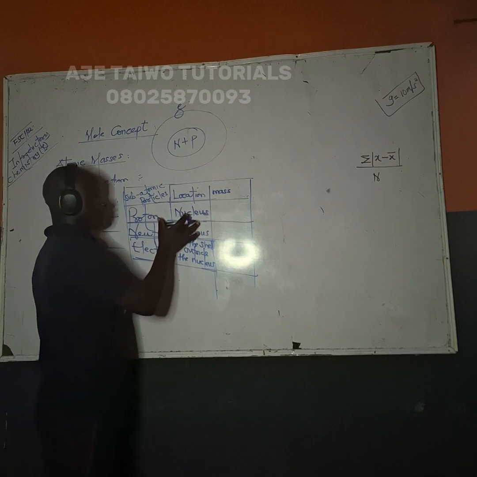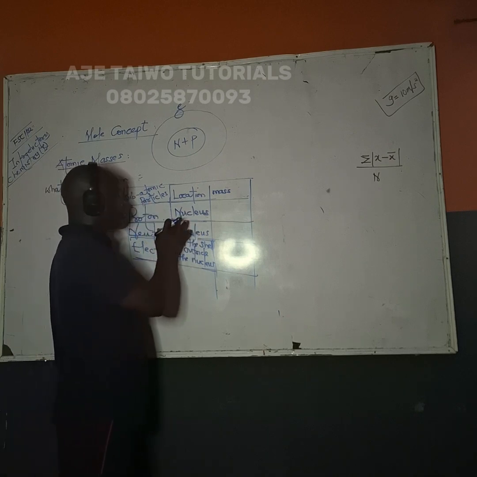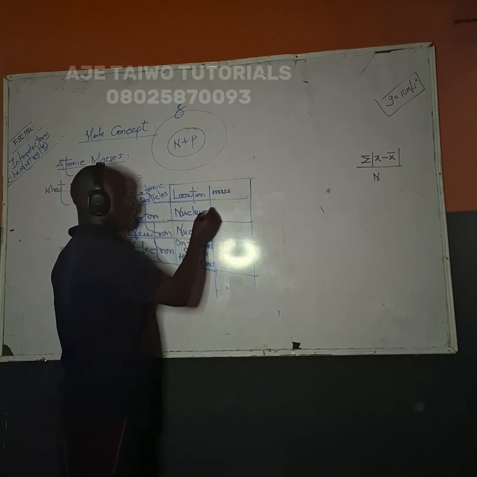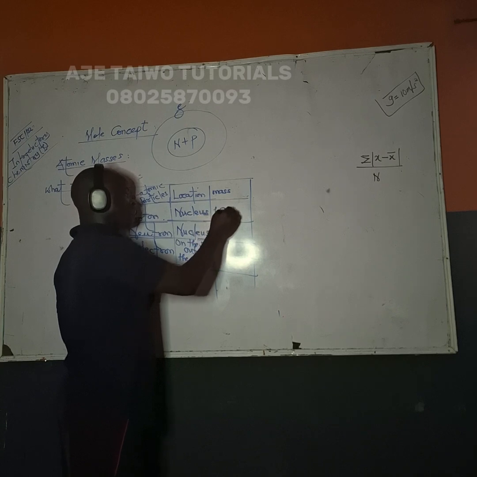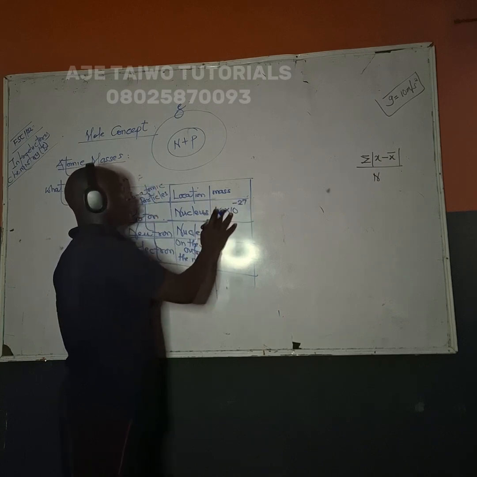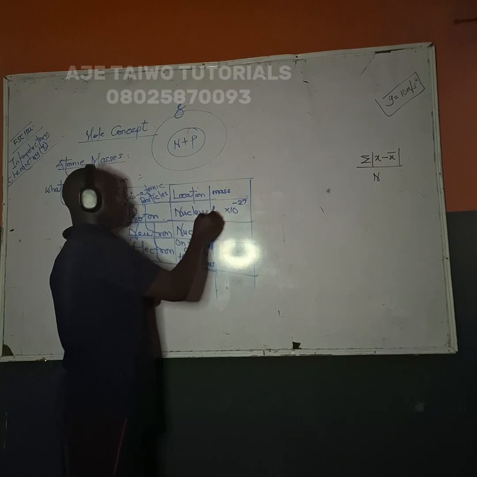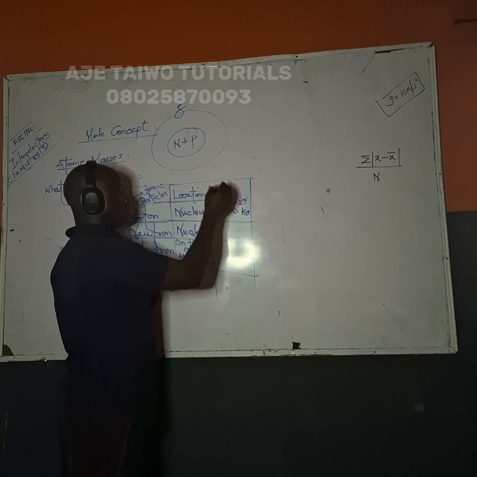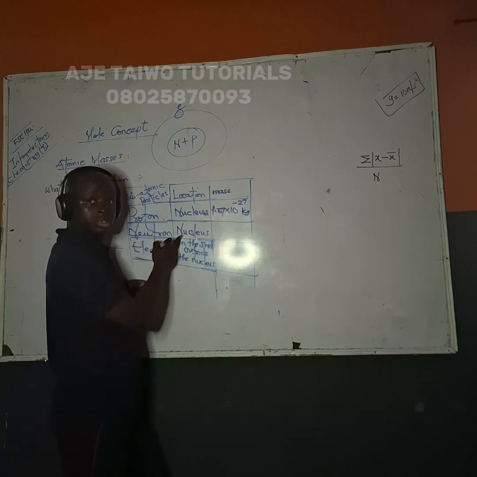What are the masses of these guys? The mass of proton is 1.67 times 10 raised to the power minus 27 kilograms. What's the mass of neutron?